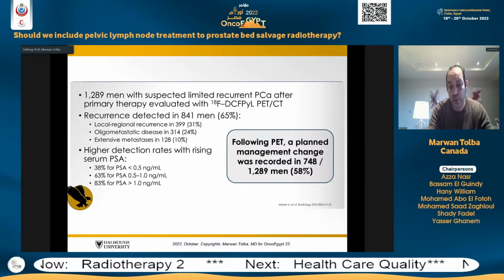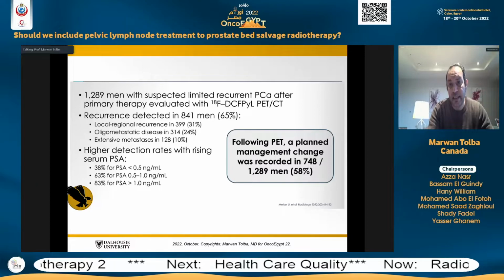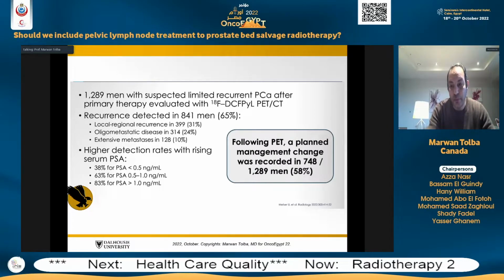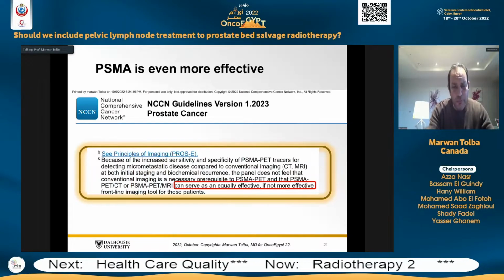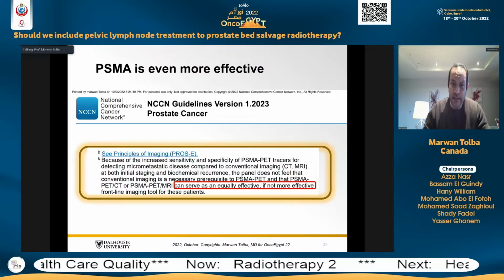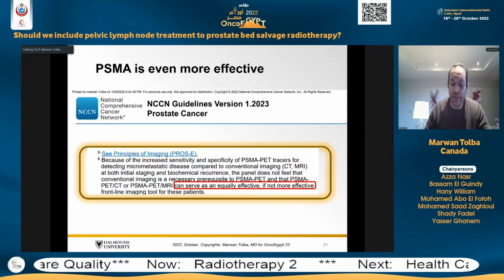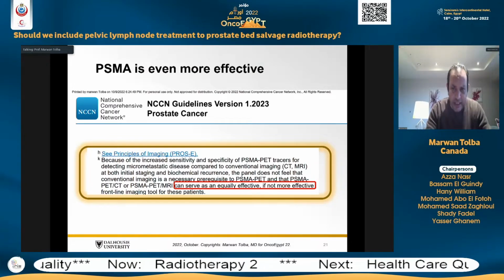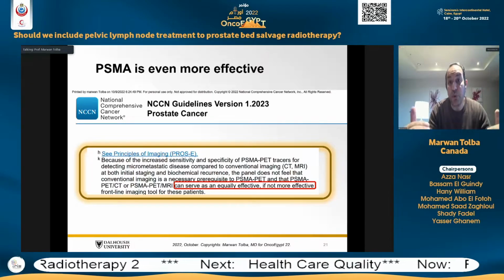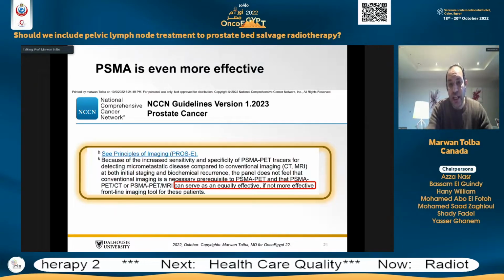So according to recent literature, involving the PSMA PET scan in treating patients with post-prostatectomy failure can change your management, and actually the new NCCN version is telling us that it can serve as equally effective, if not more effective, than conventional imaging.